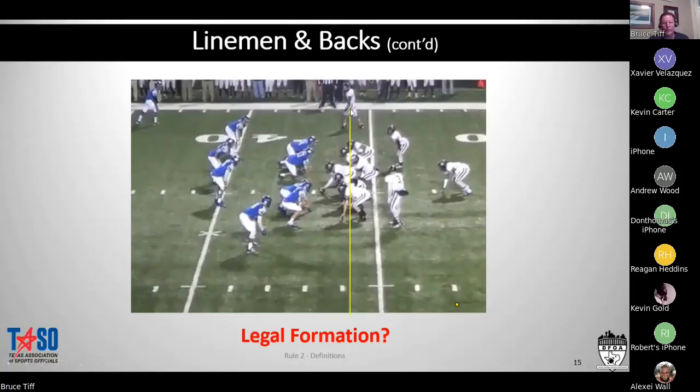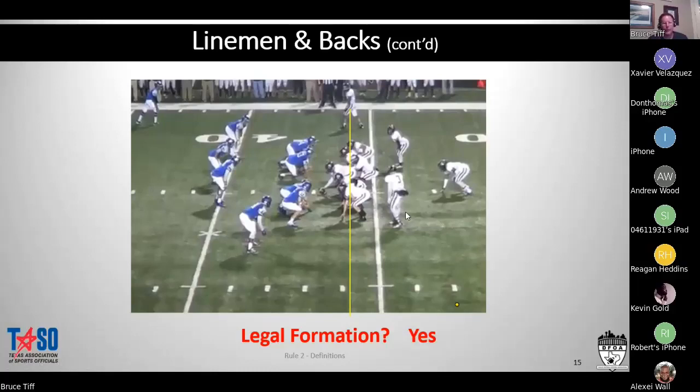The quarterback, as we know, gets an exemption. We consider him, if he's under the snapper, he gets an exemption. He's considered a back. So we got 1, 2, 3, 4 backs. And so we would be good here at this snap, assuming there was no other fouls committed from a formation perspective. So this is a legal formation.